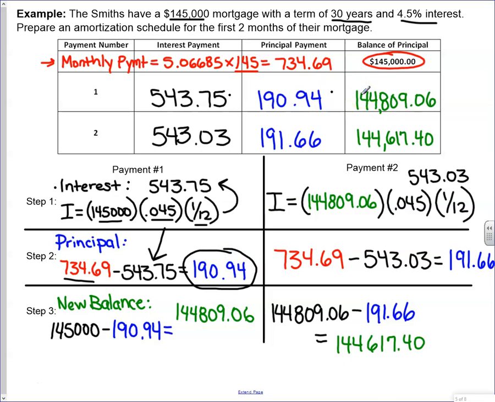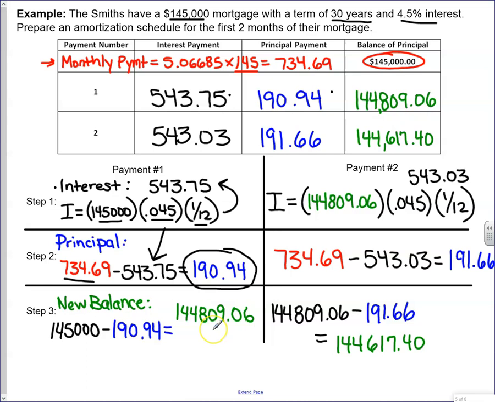So after my first month of owning this house, I technically only own $190.94 of my $145,000 house. So even though I paid in $730, I only own about $190 of the house.